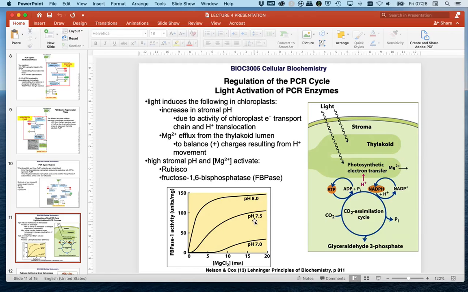I chose that enzyme because it very nicely shows activation at increasing pH, which is what happens in the stroma during the light reactions. So at pH 7, yes, we see some activity of FBPase, but at pH 8, which is what we see the stroma pH being during the light reactions, we see quite high activity of this regenerative step in the PCR cycle catalyzed by FBPase.